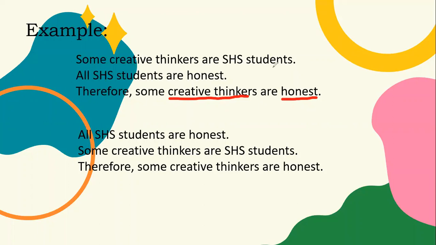Nasusundan ako mga anak? Opo, ma'am. Okay. Tapos, paano na magiging kuha natin for the mood of that? Let's use yung symbols natin. Itong honest, ito yung ating P. Tama? Yan yung predicate term natin.